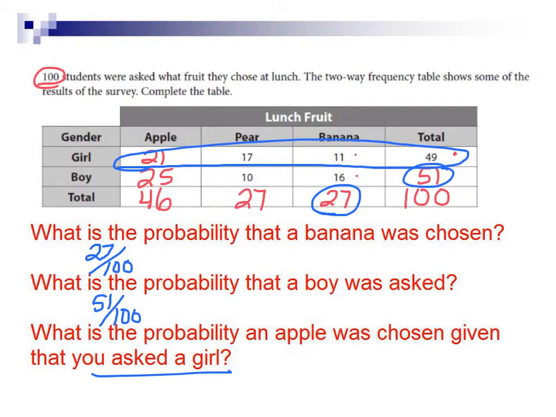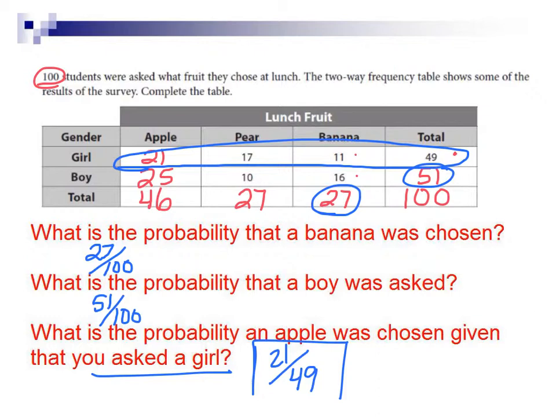So given that I'm looking at those surveys, what's the probability an apple was chosen? All right, well, there were 21 apples, but it's not out of 100 anymore because I was only looking at the girls' surveys. It's 21 out of 49. And so that would be the probability that an apple was chosen given that you're only asking girls, or that you're only looking at the girls' surveys.